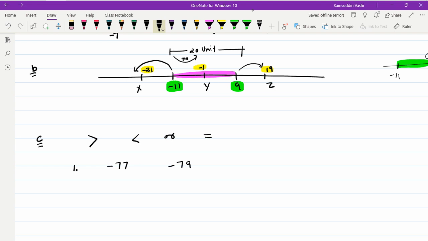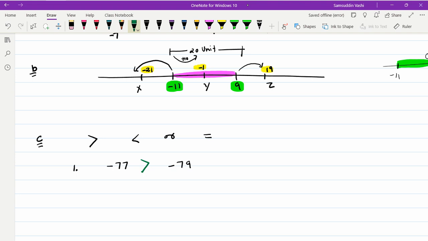Which one is bigger? Negative 77 is bigger. How do we think about it? I have a debt of 77 rand and somebody has a debt of 79 rand. Who's in a better position? The one who has less debt. So it is greater than this side. So that's number 1.